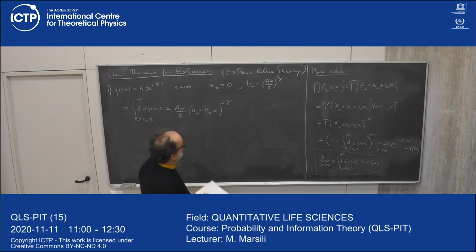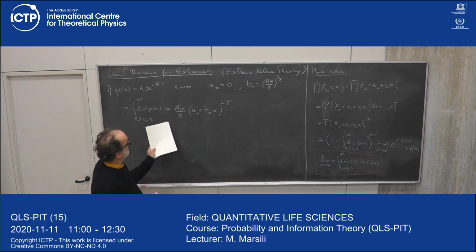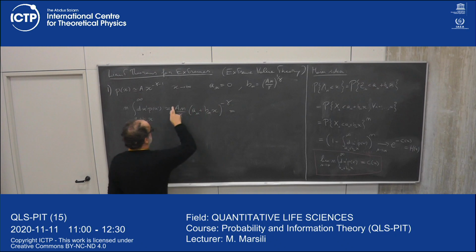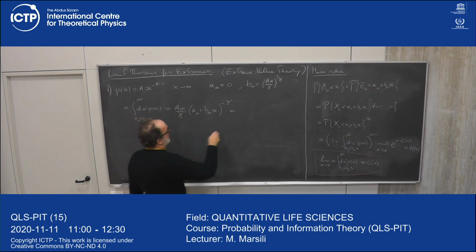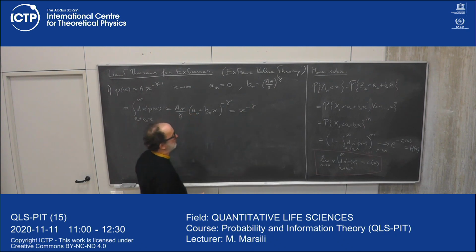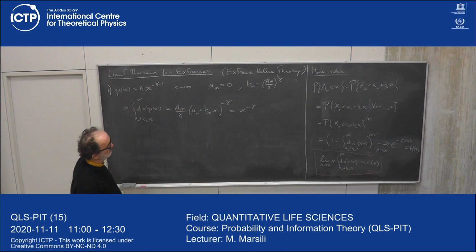Okay? Because if I make this choice, then bn to the minus gamma will be just this to the minus 1, so they will cancel, and I just get x to the minus gamma. Okay?